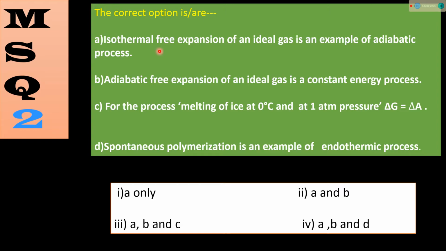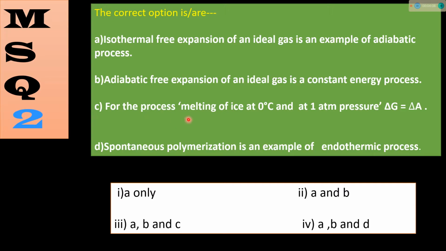Statement B: adiabatic free expansion of an ideal gas is a constant energy process. So statements A and B are somewhat similar. Isothermal free expansion of an ideal gas is an example of adiabatic process. Adiabatic free expansion of an ideal gas is a constant energy process.